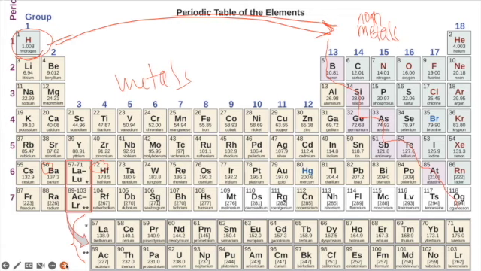Don't worry about memorizing where this line is. I do not have that line memorized, because in most periodic tables it's designated by colors. And if you get a black and white periodic table on the exam, it'll be a thick line or something. All right, so metals and non-metals, very important to remember going forward.